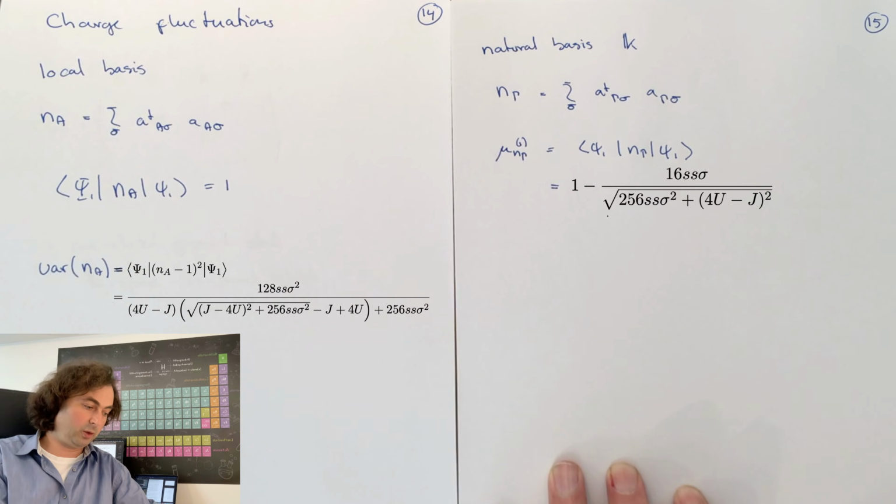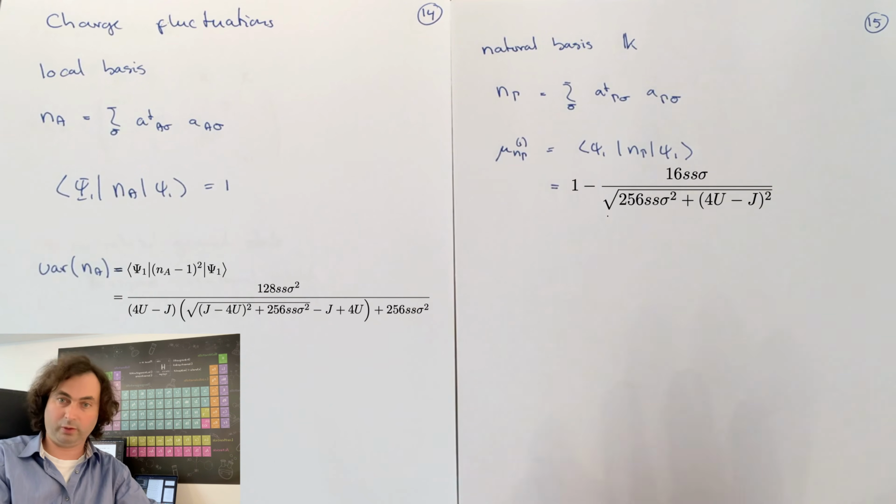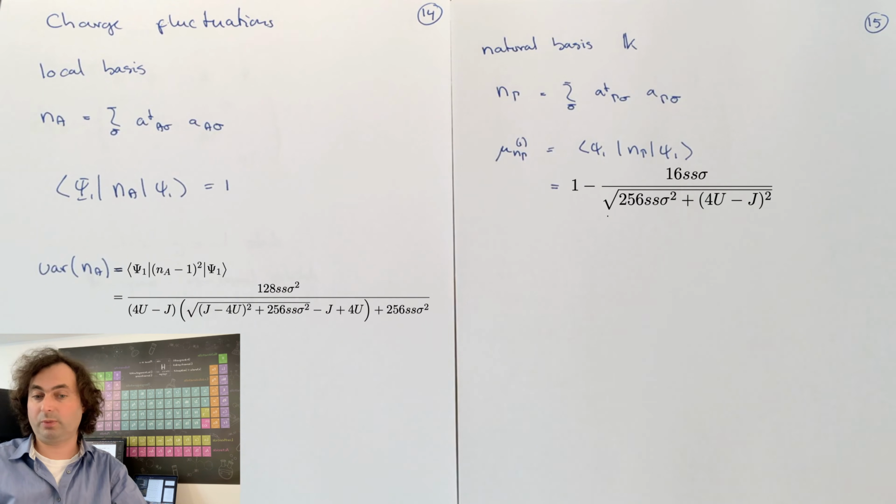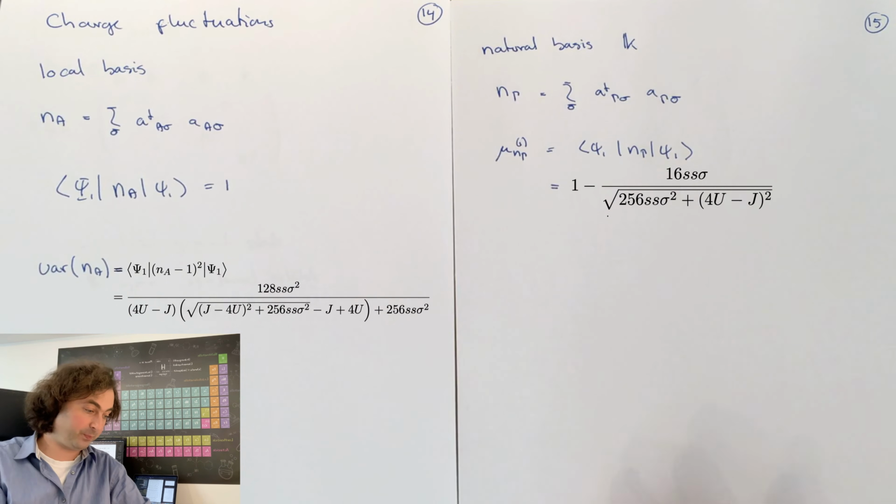When U is 0, the occupation becomes 2, because all the states with spin up and spin down are both occupied. When U is very large, the occupation becomes 1, because the ground state becomes a linear superposition of having both electrons at gamma or having both electrons at x.